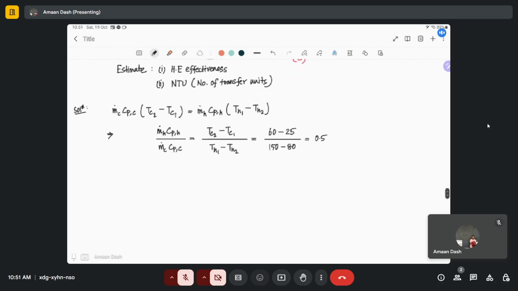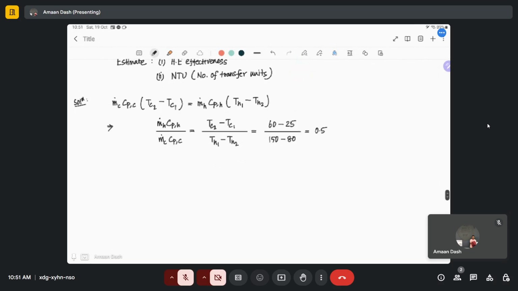Now, first we have to calculate the heat exchanger effectiveness.